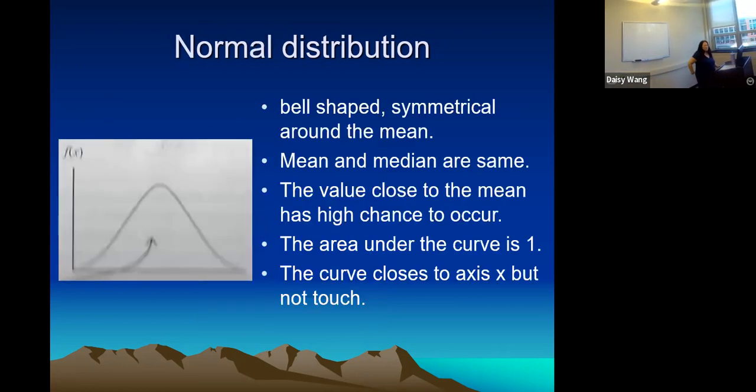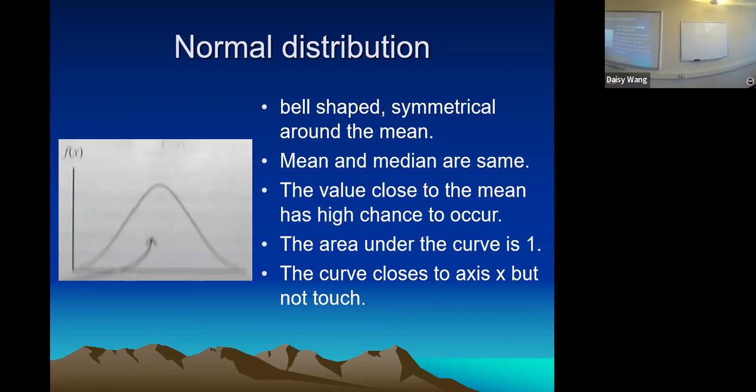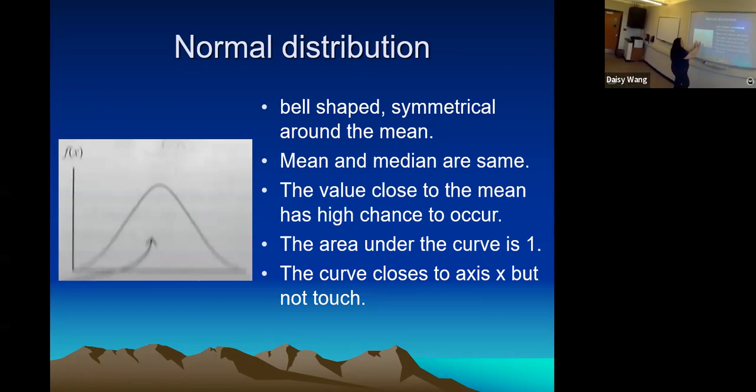So normal distribution is bell-shaped and symmetric. Usually the mean and median are the same or similar. When values are close to the mean, there's more possibility that they will happen. The mean has the highest possibility, so the majority of things happen around the mean, okay?